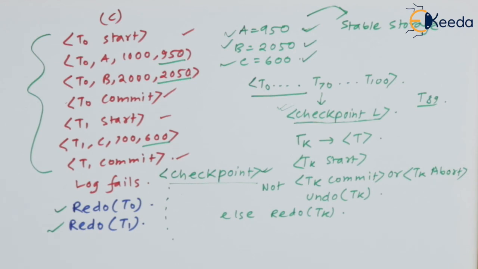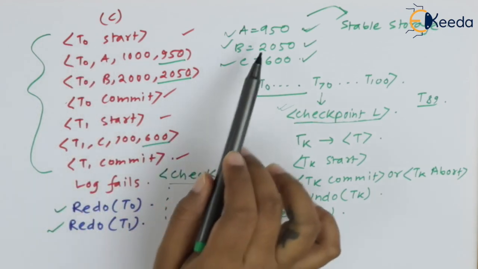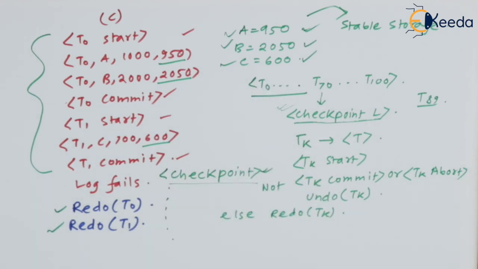Now there is another concept that goes with immediate database modification, that is fuzzy checkpointing. Sometimes checkpoints allow a logical update of a value, not the physical update, for a particular transaction. Say for this transaction, if we have a fuzzy checkpoint here, then T0 and T1 can commit their updates 950, 2050 and 600 before the checkpoint has been performed logically.